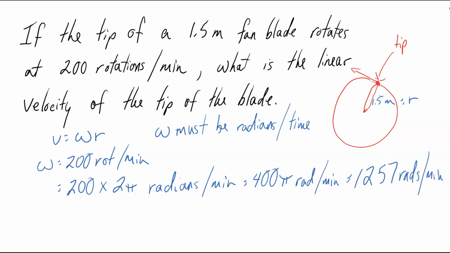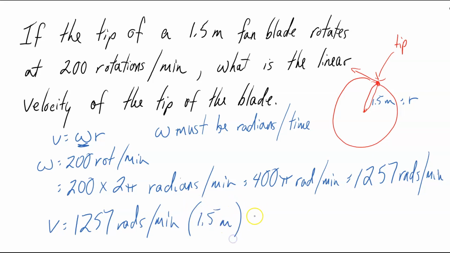Now the linear velocity: I can use my omega, which is 1257 radians per minute, and multiply that by the radius, which is 1.5 meters. 1257 times 1.5 is 1885.5 meters per minute.